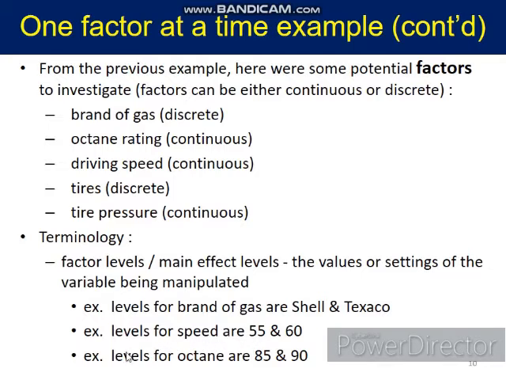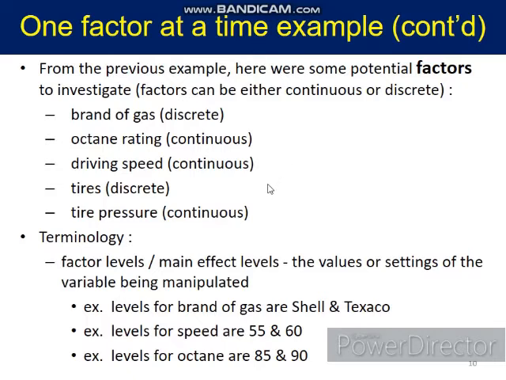Another example is octane. Octane itself is the factor, but the levels for the octane would be 85 or 90. So basically, you have to understand and identify the factors.